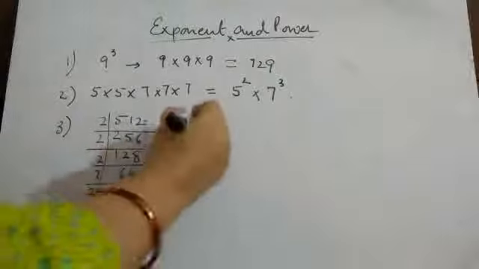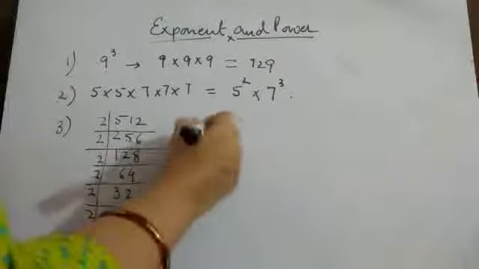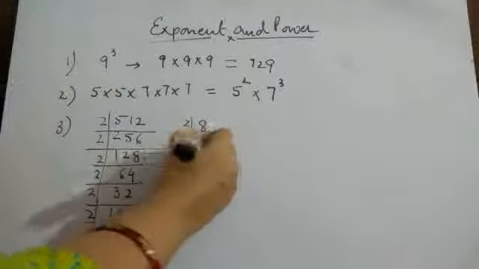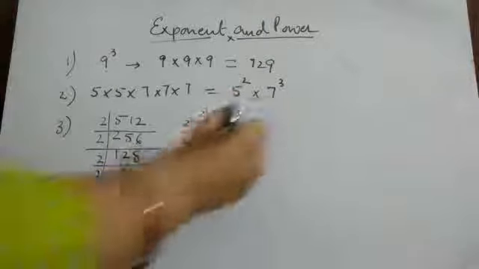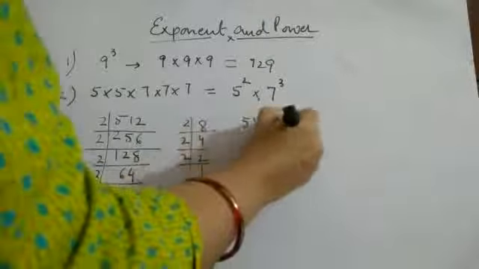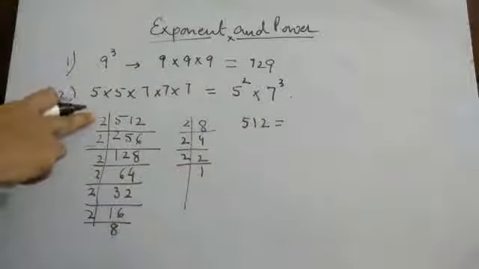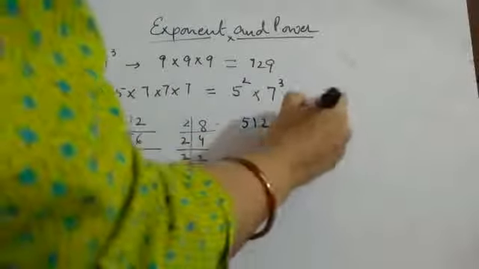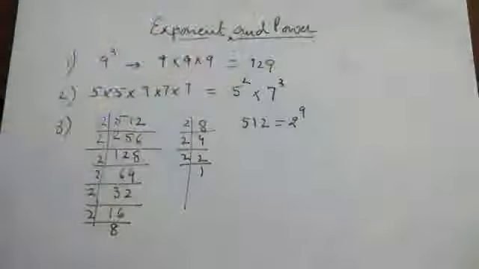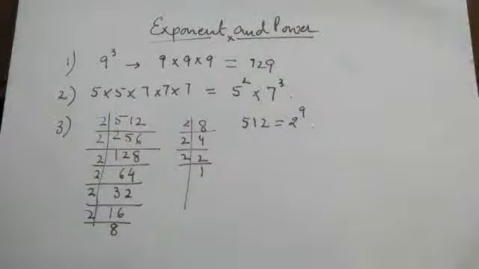Now from here 8 is there, 2 4s are 8, 2 2s are 4 and 2 1s are 2. So 512, how many times is 2 repeated? 1, 2, 3, 4, 5, 6, 7, 8 and 9. So 2 raised to the power 9 is the answer. This is how we do.